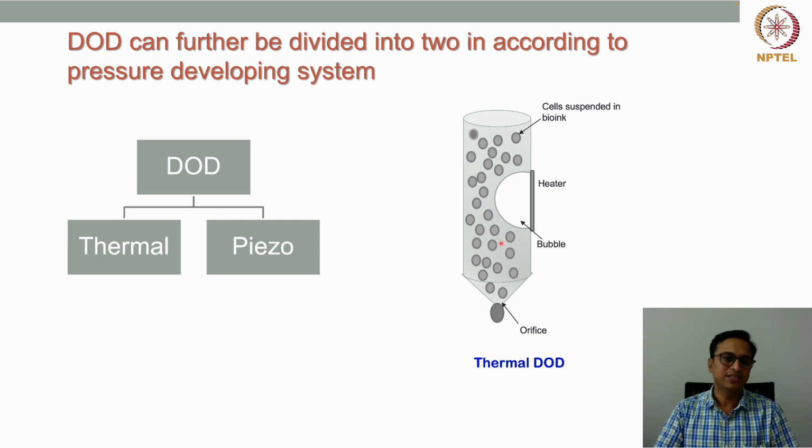In certain thermal inkjet 3D printers, the heater can shoot up to 200 to 250 degrees centigrade. But this heating is so transient because it is for a very small duration. So the temperature of the liquid never reaches that. The local temperature of the liquid can be raised by 4 to 10 degrees centigrade, not beyond that. So that's why this printing technology can work well for printing cells also.